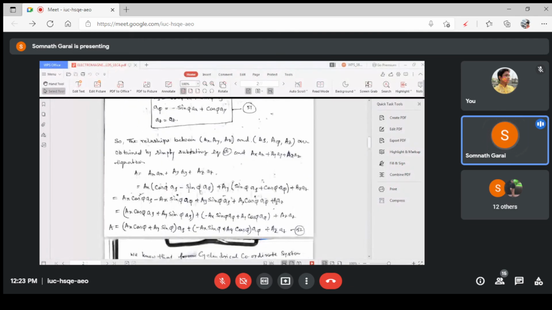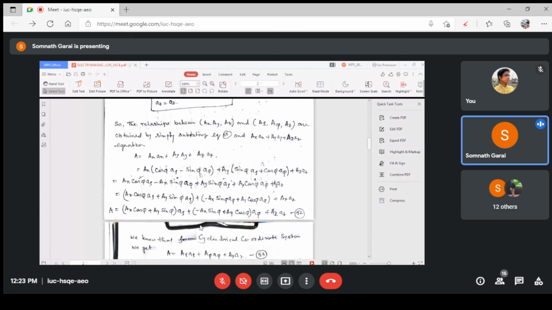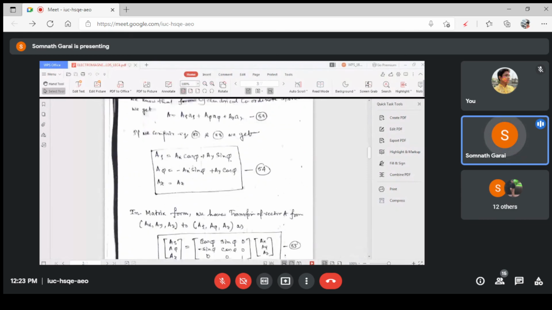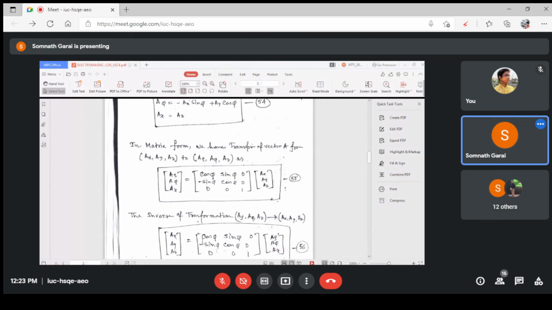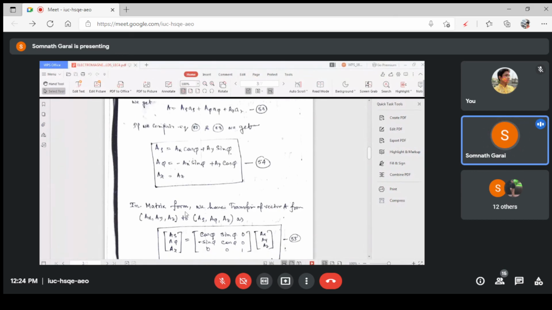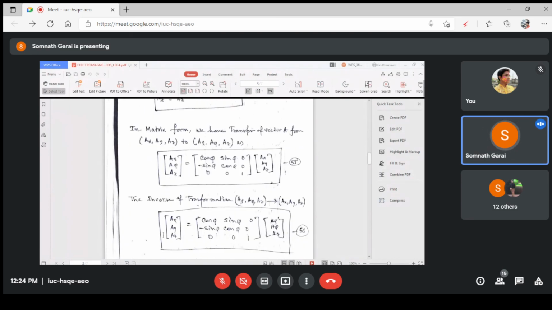Then multiply these values, separate the components of ax, ay and az, and convert it into matrix form. Please do this and send it to my WhatsApp number. Then it will be clear and you will be absolutely clear about this equation formation.